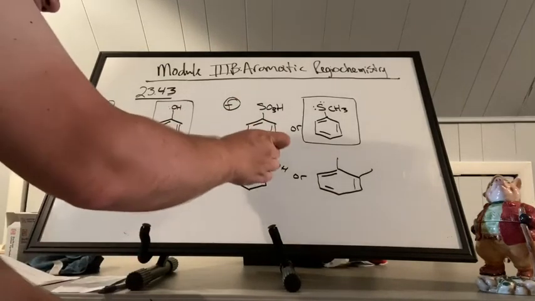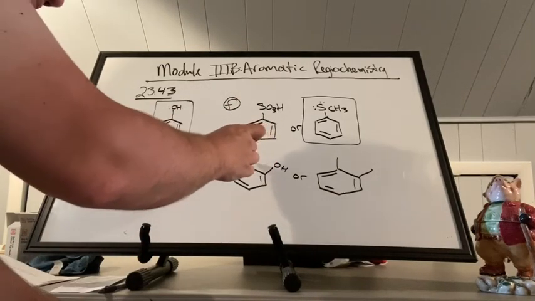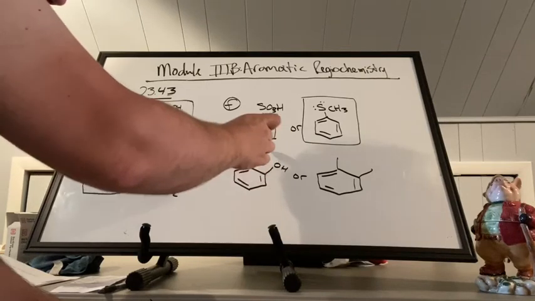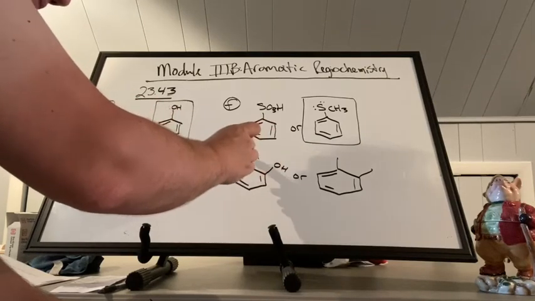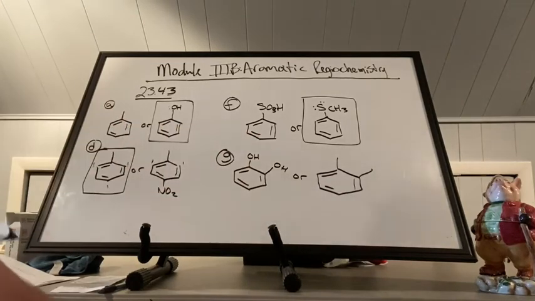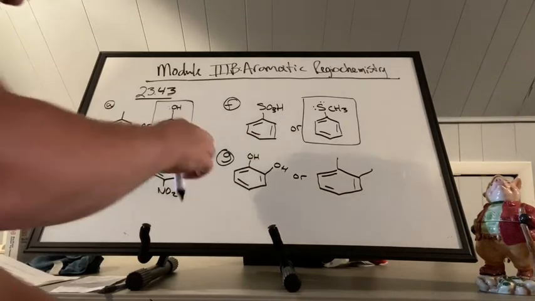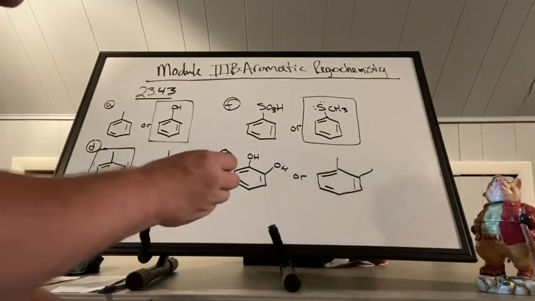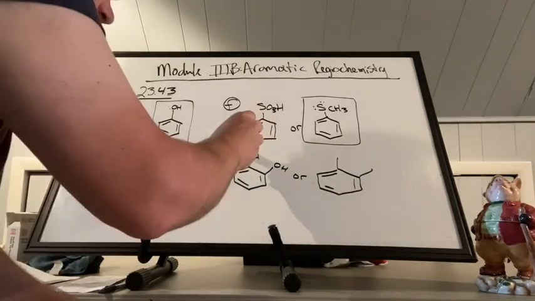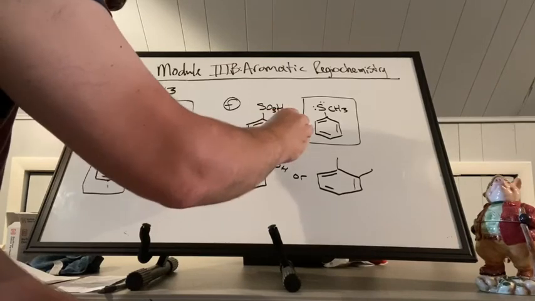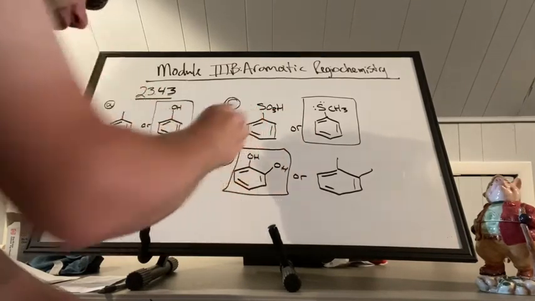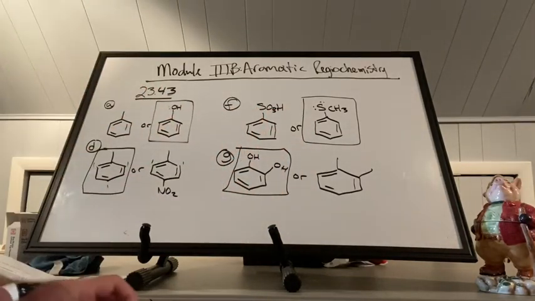Remember that one of these lone pairs can form a hydrogen bond, but there's another lone pair that's here that can go into the ring system. So, in other words, this is still going to be more strongly activating. Okay. So lone pairs are going to beat out an alkyl group or something like that any time.